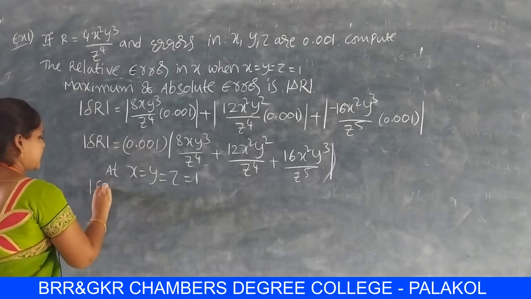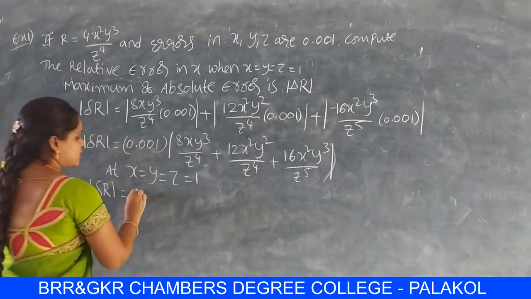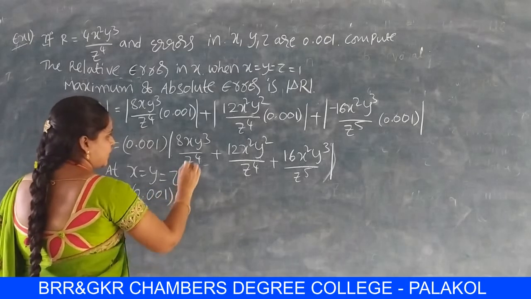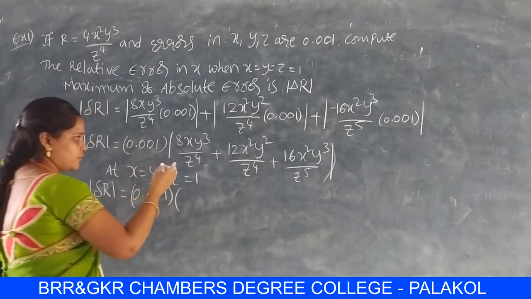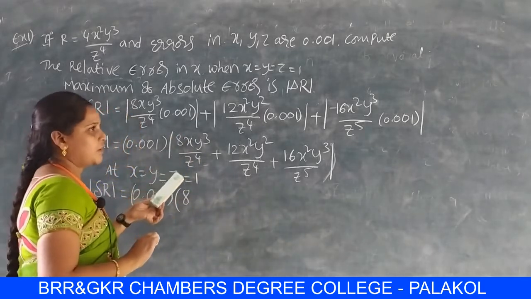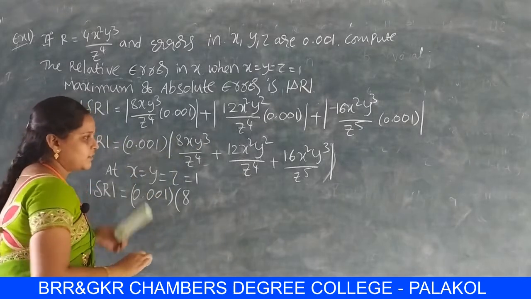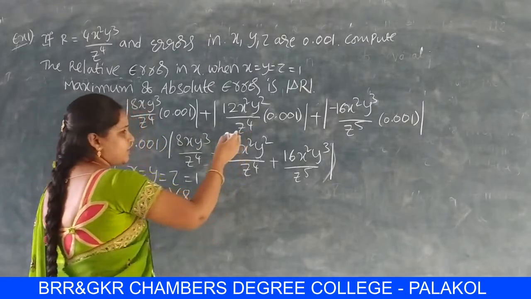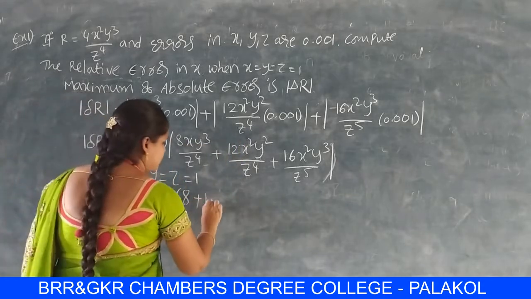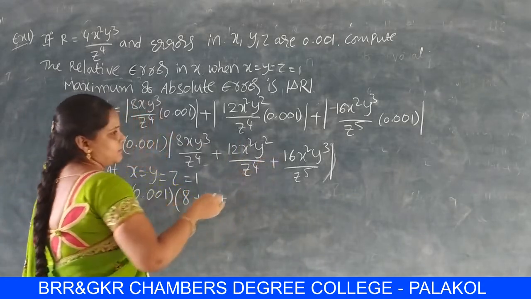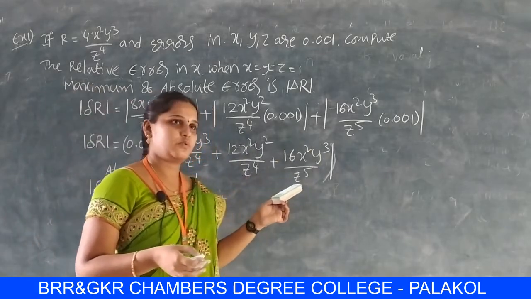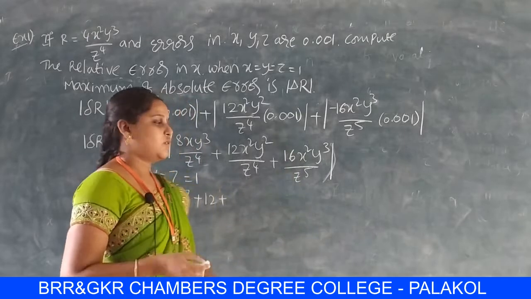Modulus of delta r is equal to 0.001 into 8 into 1 into 1 cube by 1 to the power of 4, which is 8, plus 12 into 1 square into 1 square divided by 1 to the power of 4, which is 12, plus 16 into 1 square into 1 cube by 1 to the power of 5, which is 16.